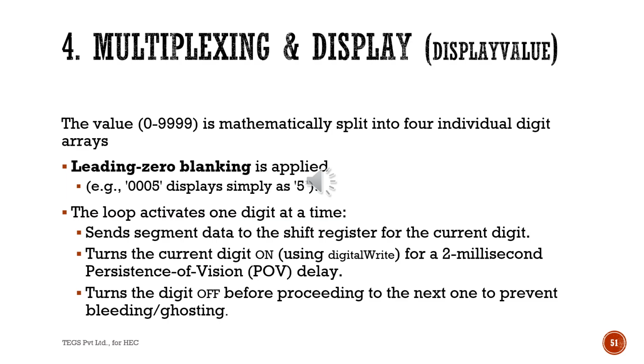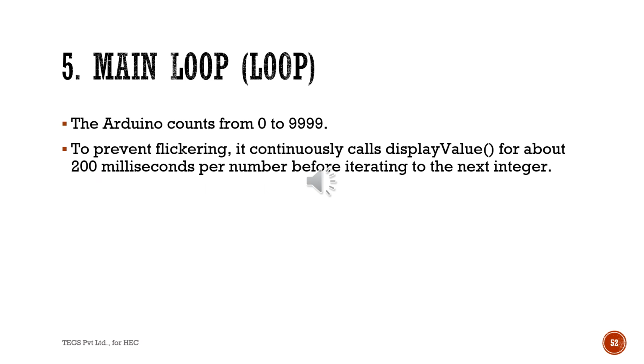The loop activates one digit at a time, sends segment data to the shift register for the current digit, and turns the current digit on using digitalWrite for 2 milliseconds, the persistence of vision delay. It turns the digit off before proceeding to the next one to prevent bleeding and ghosting.